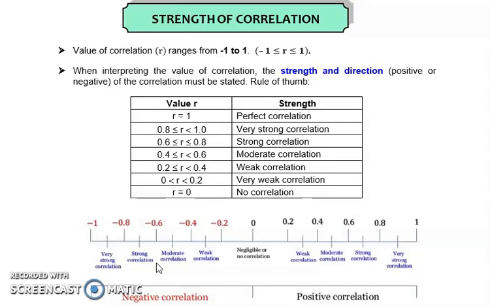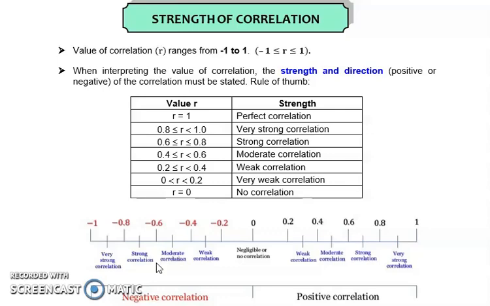Again, I repeat: 0, no correlation; 1, perfect correlation; 0.8 and above, strong correlation; 0.5 but less than 0.8, moderate correlation; less than 0.5, weak correlation. So easy. Only three levels of strength that you need to remember: weak, moderate, and strong.